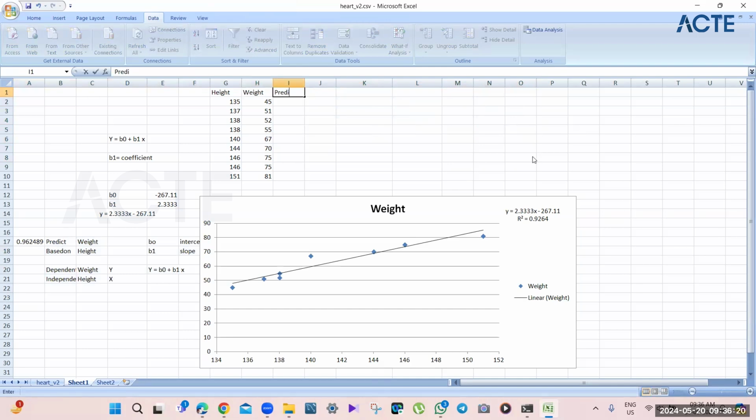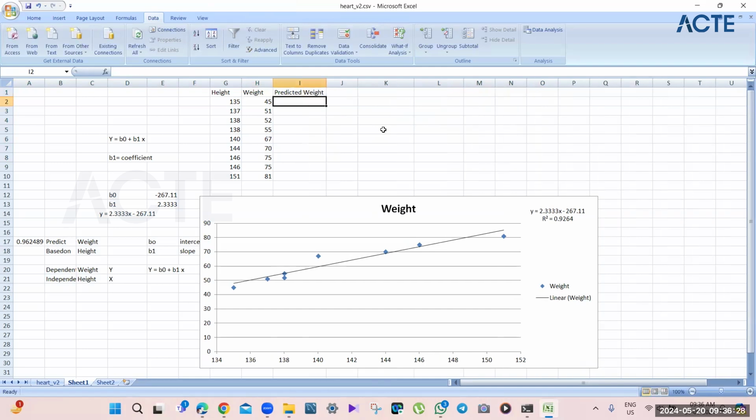Now, what are we going to do? This is my predicted weight. So what if we try to see the same weights based on this existing formula? Can we do it? Yes, we should be able to do it. So it is equal to 2.3333 into this value minus 267.11.